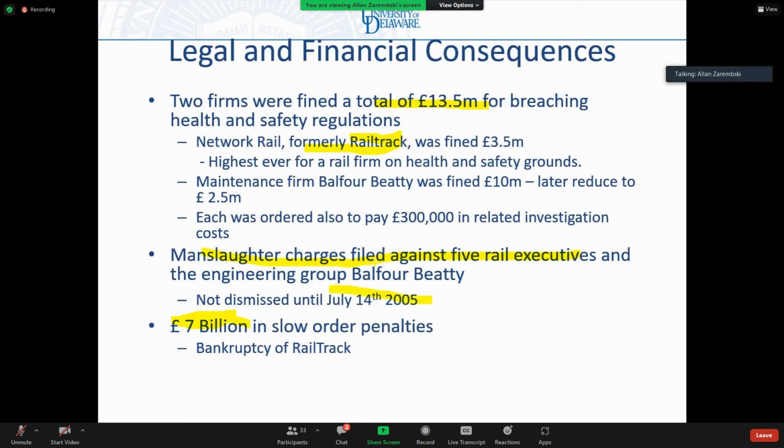It was a total disaster, and it changed the way Network Rail did everything from a track inspection point of view going forward. Massive changes as a result of this. So this was a groundbreaking derailment and accident in the UK.